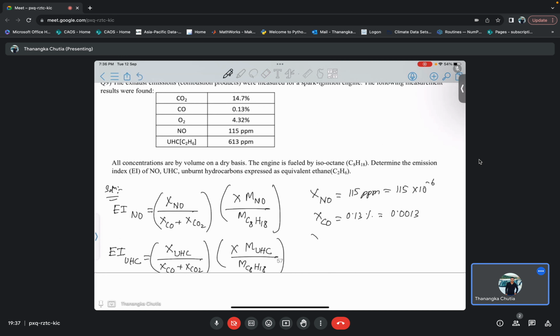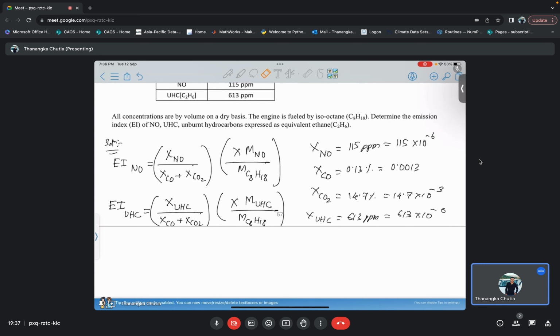Clear? XCO2 14.7%, that is 14.7 into 10 to the power minus 3. Okay, and XUHC 613 ppm, that is 613 into 10 to the power minus 6.